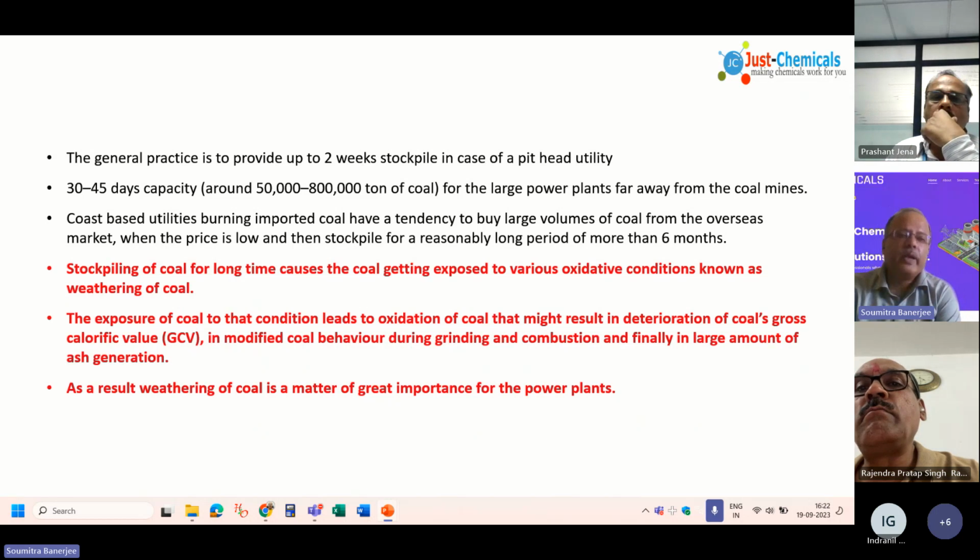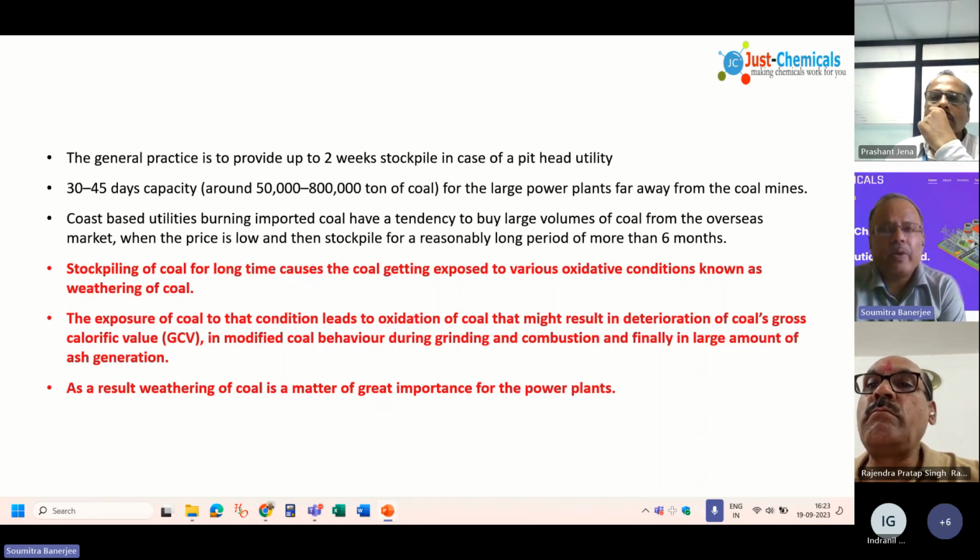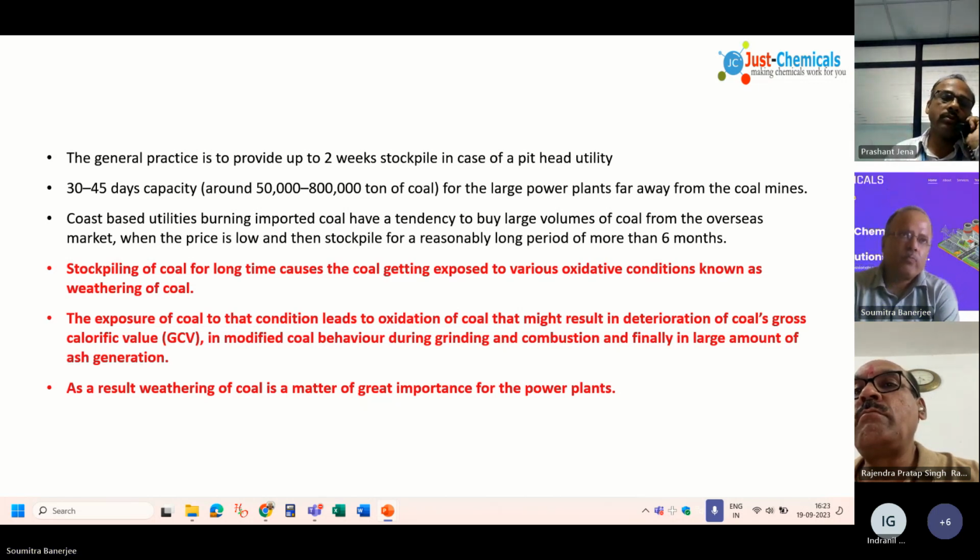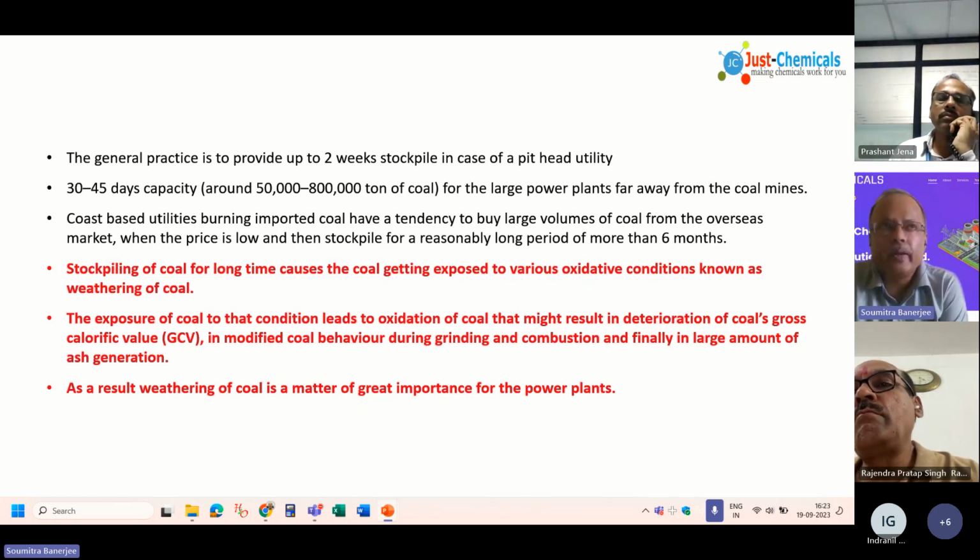They are keeping 12 days of coal. That is fine. So a two weeks stockpile is good enough. And if I purchase coal at a lower price, maybe 10% or 15% lower, and keep it for a duration of 1 month, I will lose that 15% profit which I should be getting out of it.